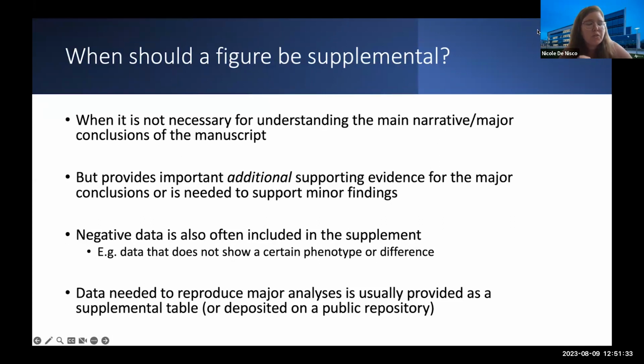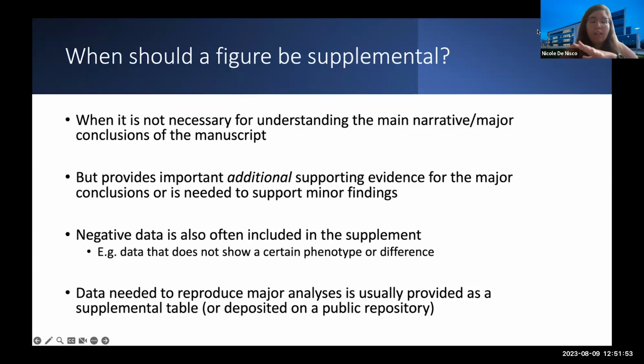Something that's often also included in the supplement is negative data. So things where you did a test and you wanted to see if a mutant had a certain phenotype or something like that, and it didn't. I like to include those in the supplement because a lot of people just don't publish negative data.